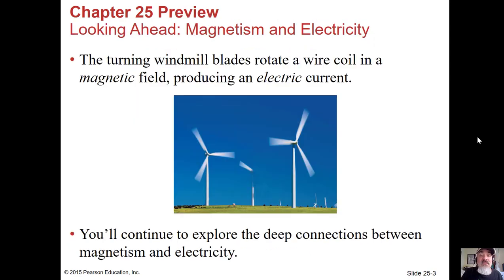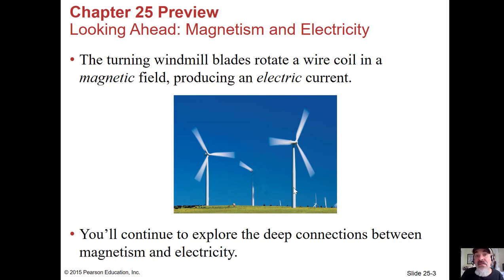Okay, so maybe you've seen these driving to West Lafayette, windmills. All of a sudden they just appear on the horizon, very quiet, very large. So essentially what's happening with these windmills is the wind is turning the turbine and we're producing electricity. So we're going to have a conductor moving in a magnetic field.